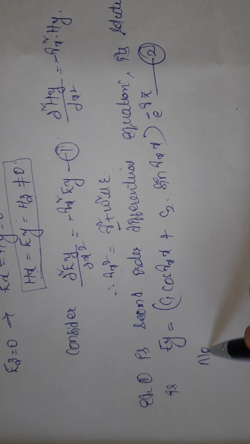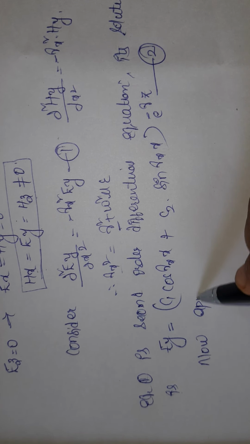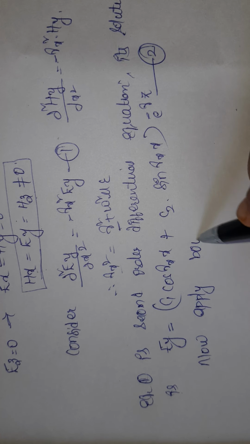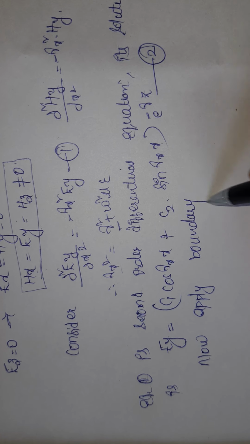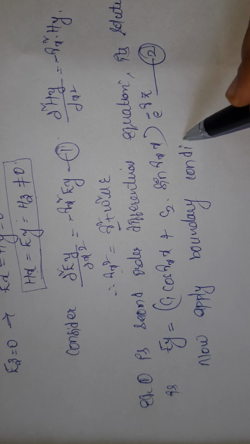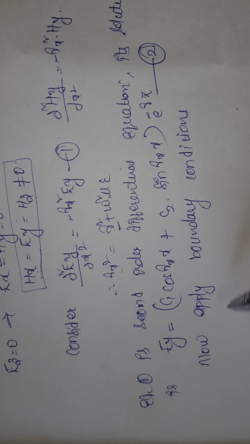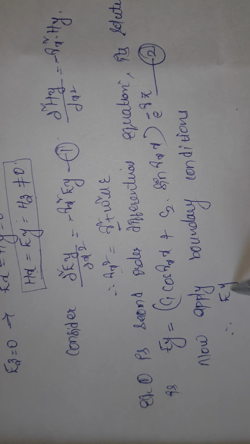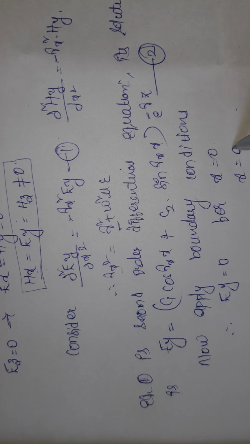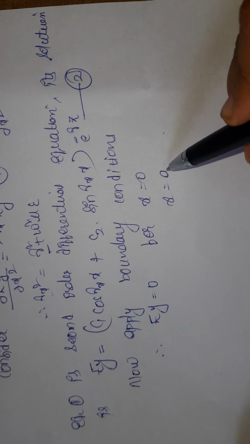Now apply boundary conditions. What are the boundary conditions? The tangential component of electric field intensity is equal to 0 at the boundaries x is equal to 0 and x is equal to a. How do we know these are the boundaries?